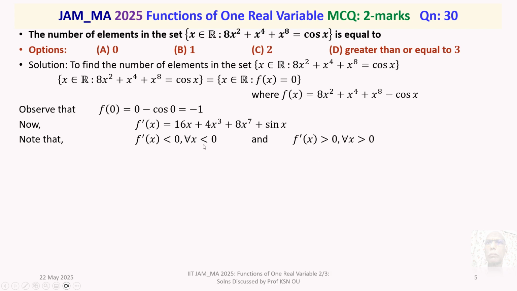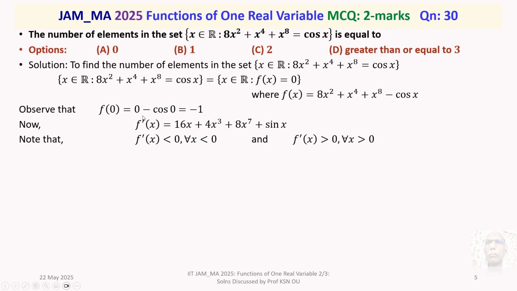That means in the interval minus infinity to 0 it is a strictly decreasing function, and in 0 to infinity it is a strictly increasing function. When it is strictly decreasing, it decreases up to minus 1 and then increases.